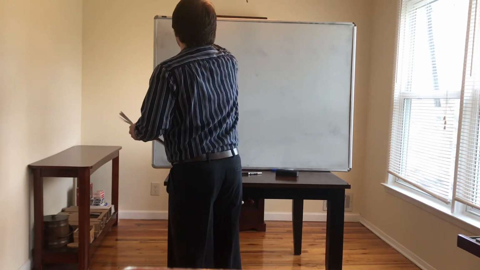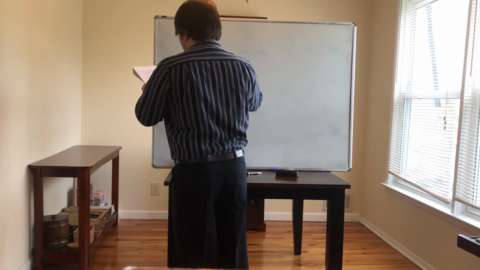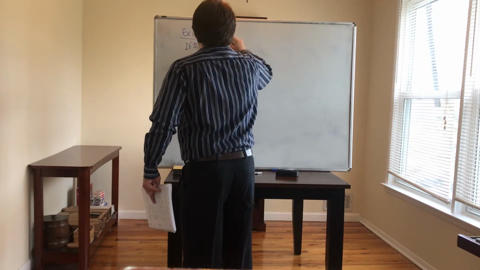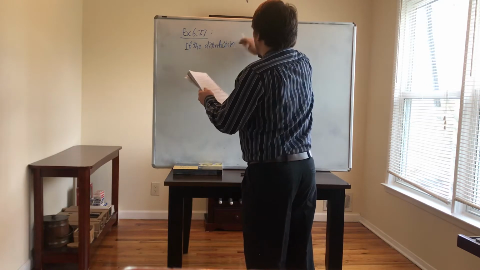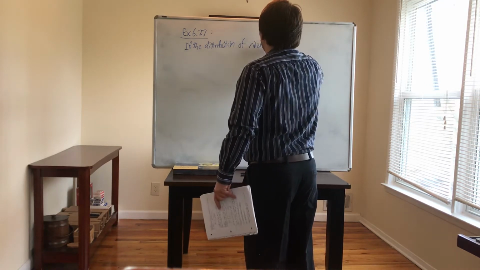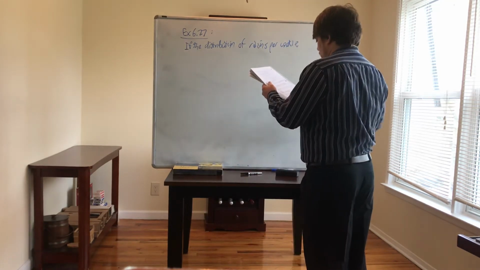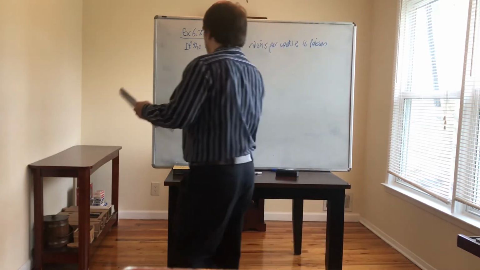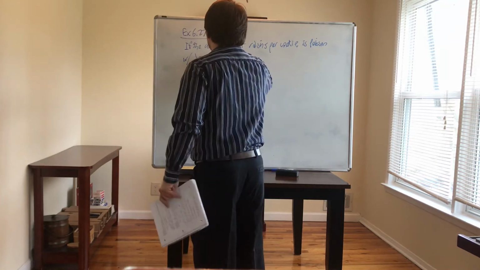So example 6.26. If the distribution of raisins per cookie is a Poisson with lambda equal to 4, what is the expected value?